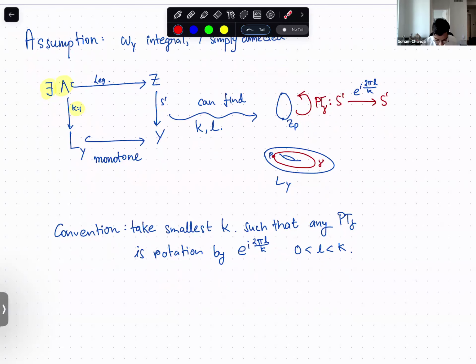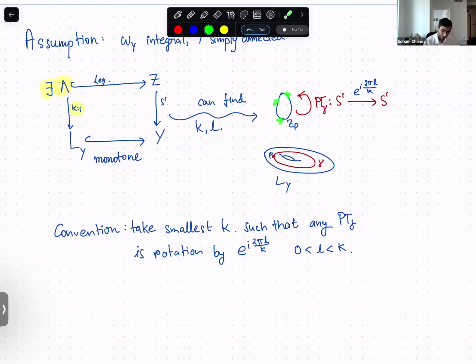Now, what you see is that if I want to take a parallel transport, let's say I want to take a horizontal lift of lambda, why will this fail? Well, if I take a horizontal lift and go around on the base, the point on the circle will go around and come back somewhere such that the angle difference is some 2 pi L over K. So you don't come back and close, but the way to fix it is to not just take one point, but take all the kth roots.